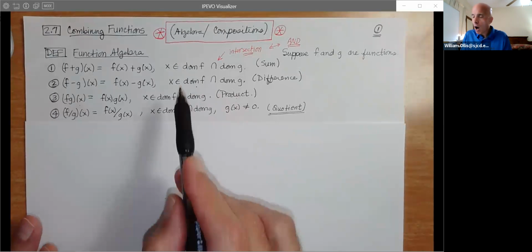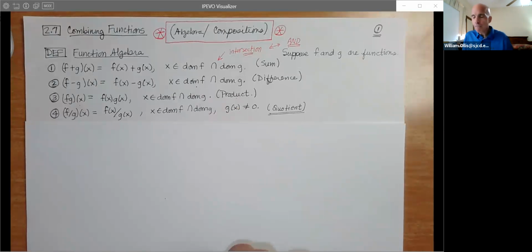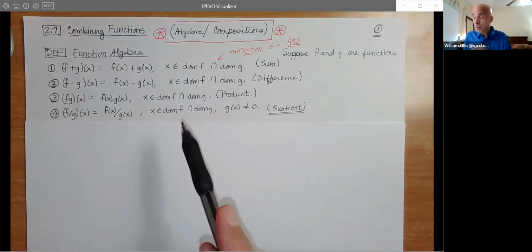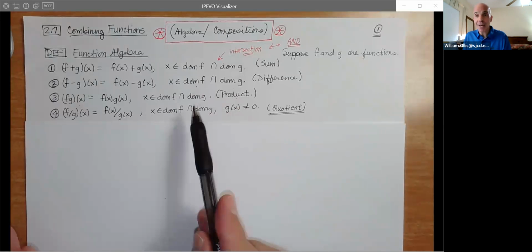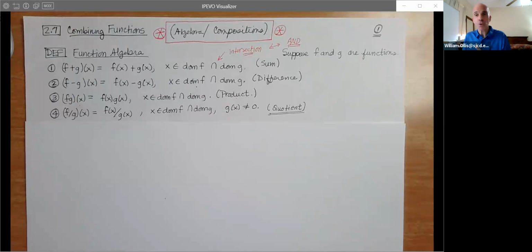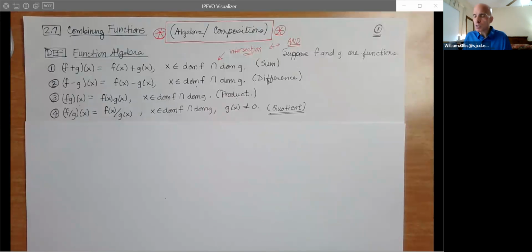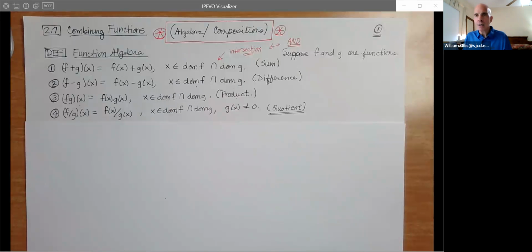So all of this is extra. We should know this, but it helps us to go ahead and write this down and think about it. With the composition, we're going to figure it out without doing this. But these are really important, and most books make the effort to write down apparent things.